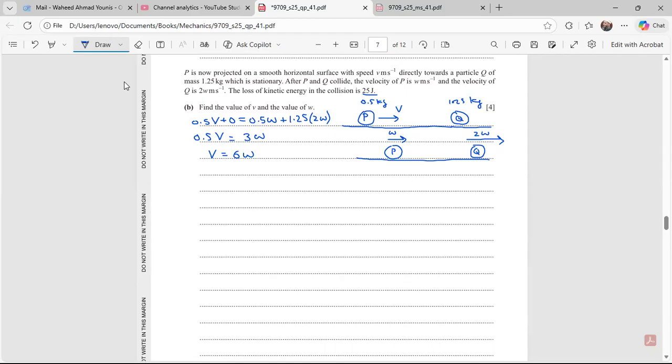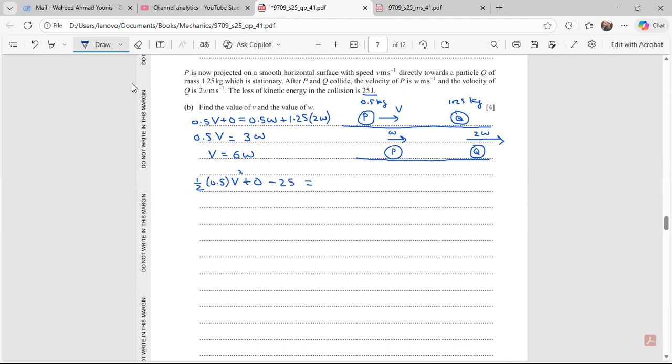Now, the second equation I will make based on the kinetic energy. So total kinetic energy of the system before the collision is half m v squared, so half, mass is 0.5 and its speed was V, so half m v squared plus 0, the kinetic energy of Q. Now the energy loss was 25 joule, so I have to subtract 25 joule from here.